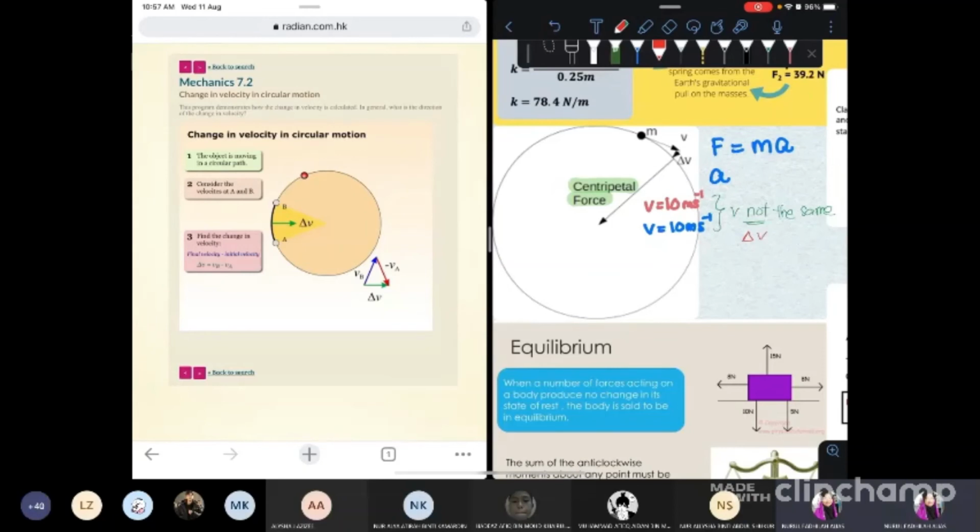Bila ada change in velocity, and then you recall back, what is the meaning of acceleration? Acceleration means change of velocity over time. So since kita ada change of velocity, kita ada acceleration. So because of this acceleration, and then from this formula, kita dapat there is a force.